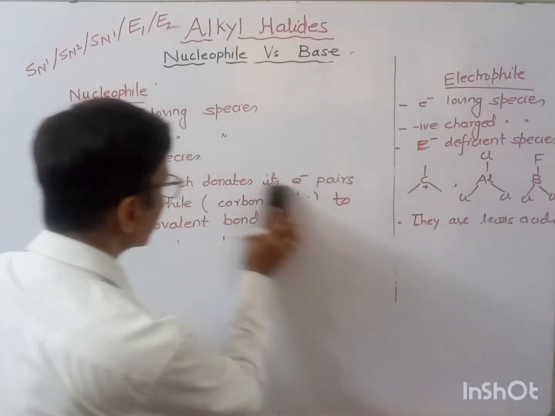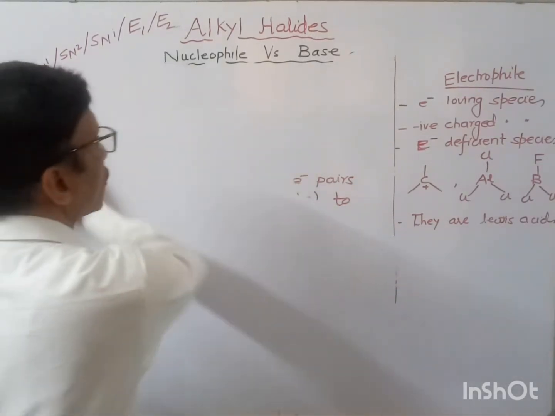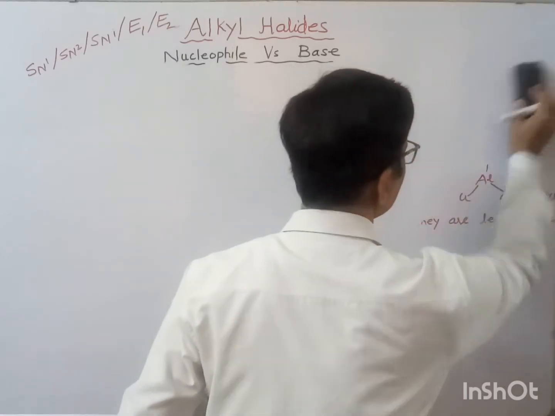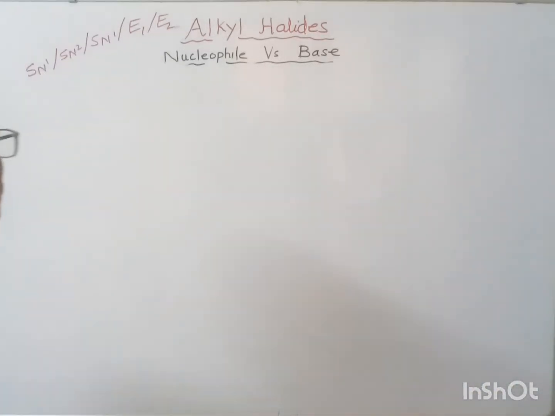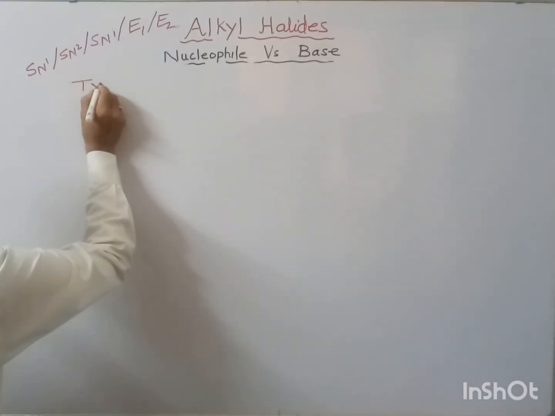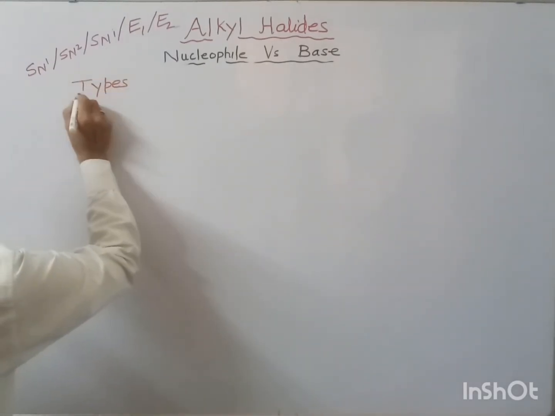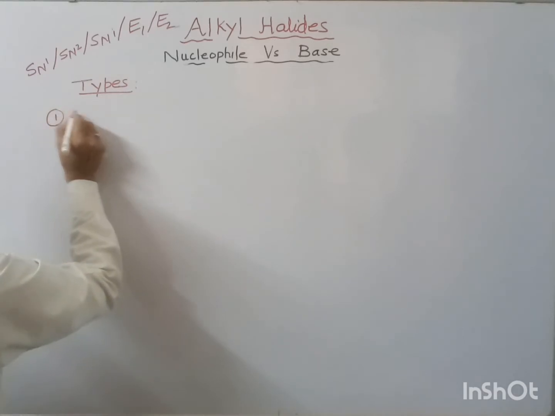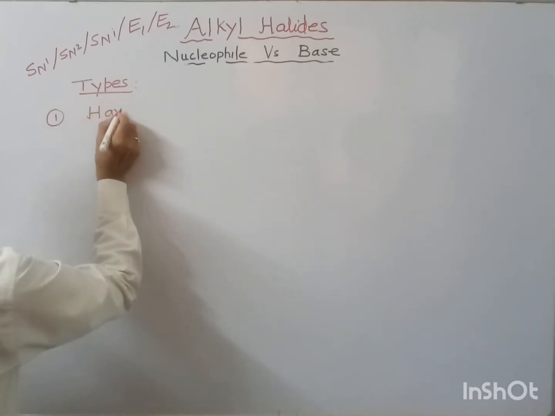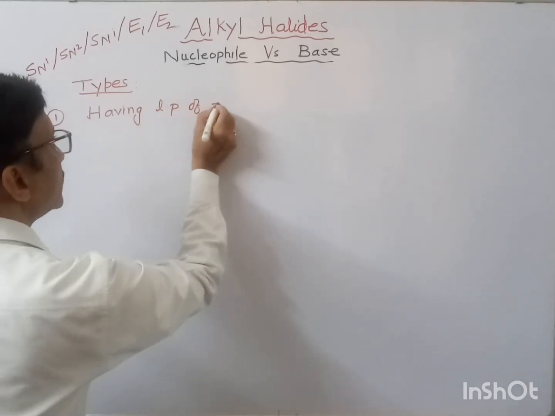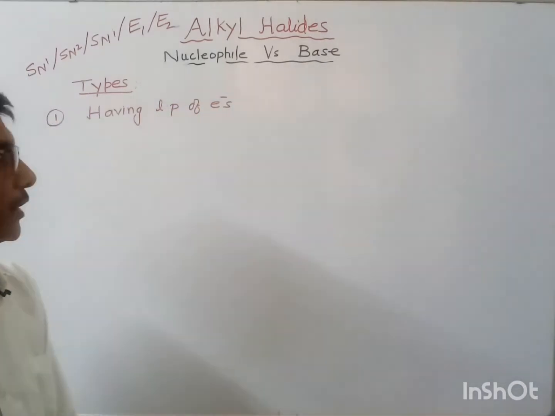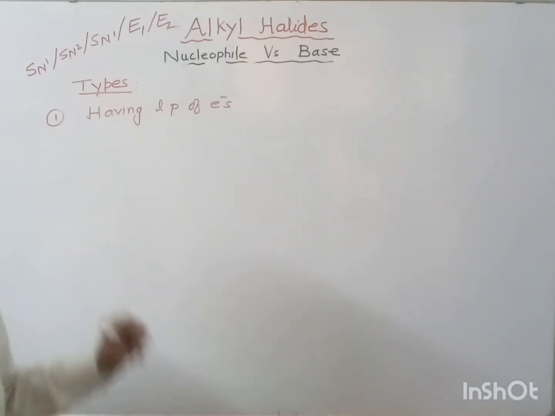So let's see the categorization of the nucleophile. The first type is nucleophiles having lone pairs of electrons.